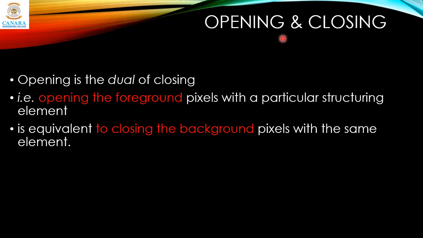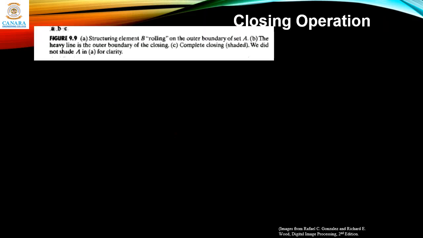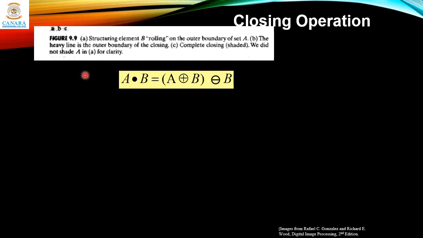They are dual to each other. The closing operation is given by this expression. A closing with the structuring element B is given as A dilation B whole erosion B. So B are the same structuring elements. Doing two operations, first dilation and then erosion.